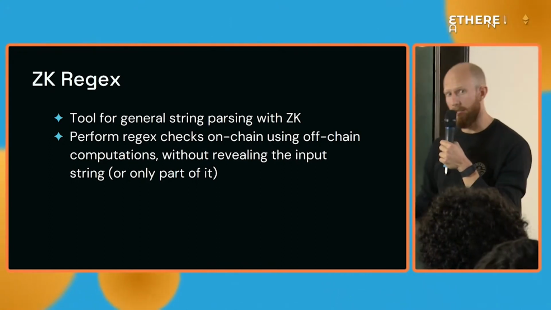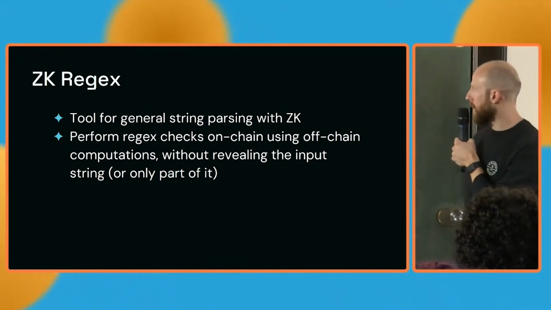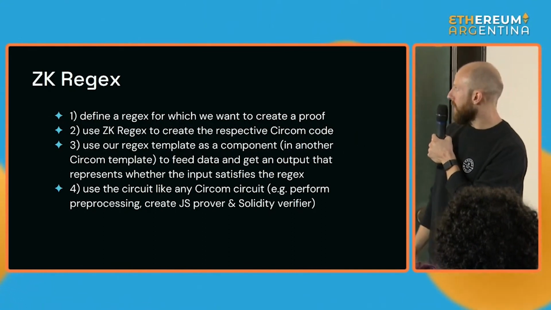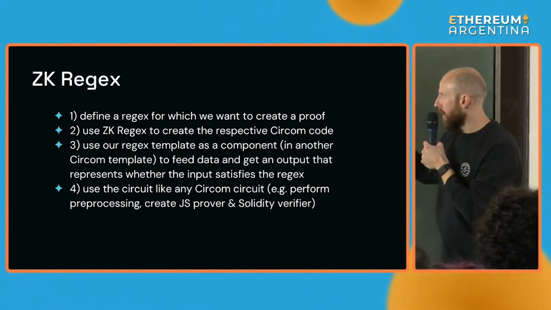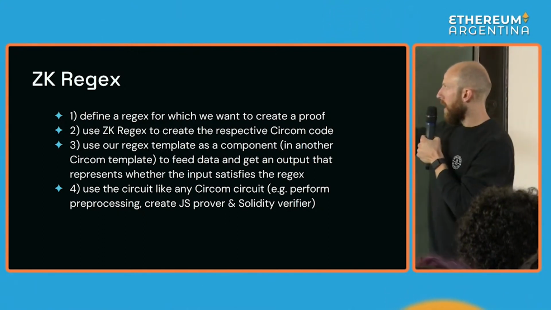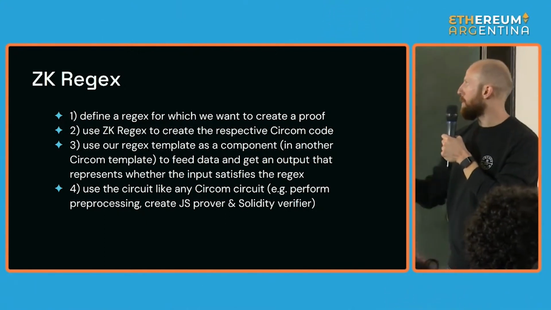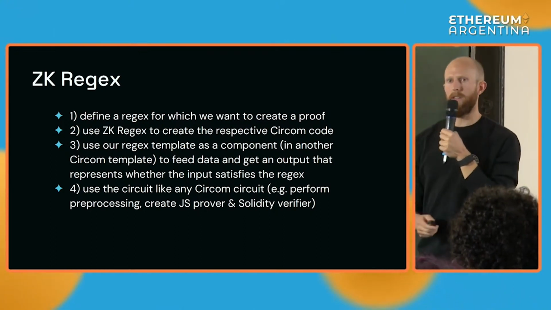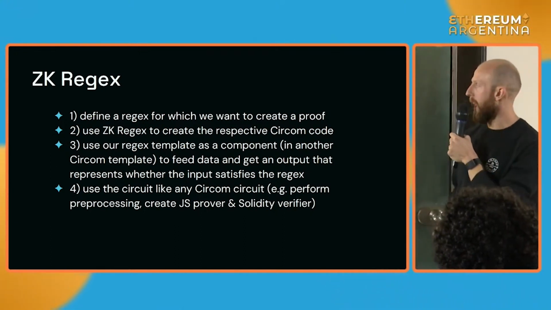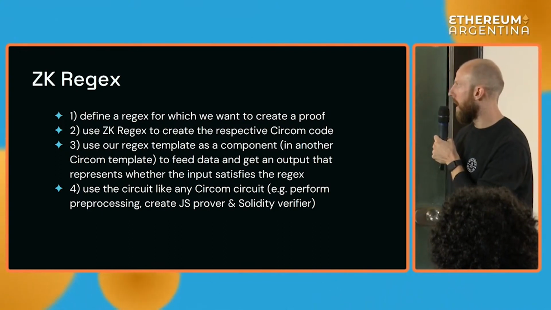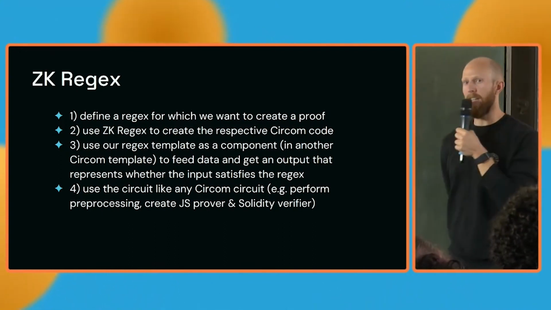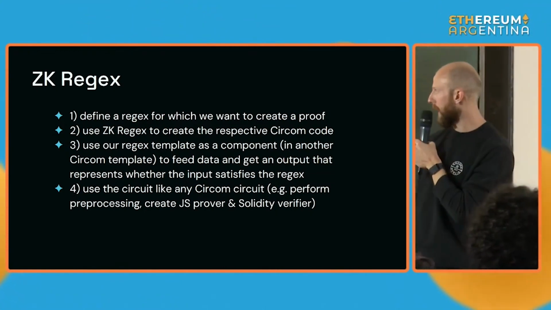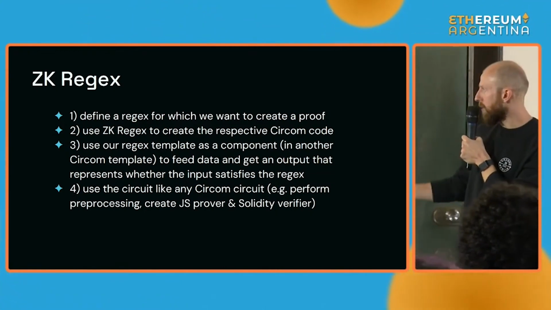So if it's really sensitive information, you could see how this might be interesting. You define the regular expression, and this library will spin up and generate some Circom code for you, some circuit code to put that into a ZK proof. You can then put that into other circuits with specific business logic for your application, and use it like any other.